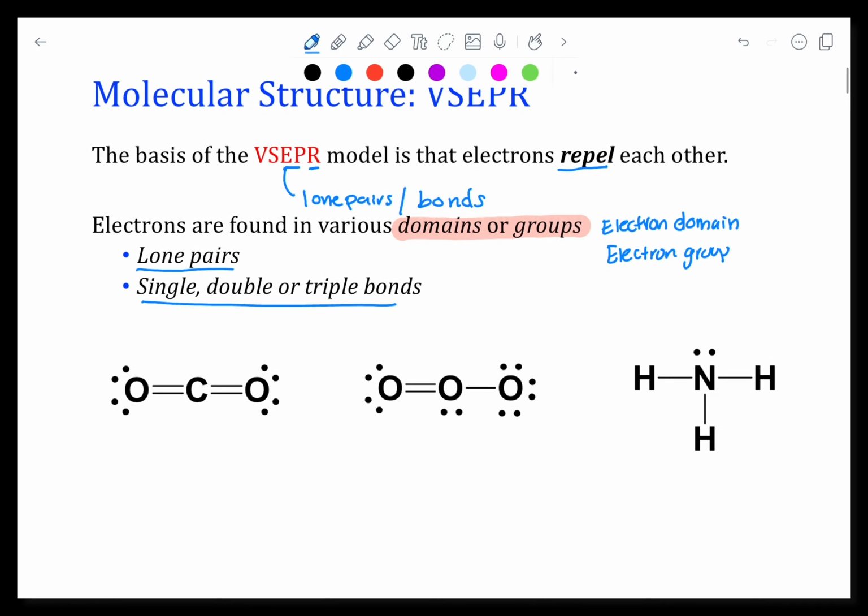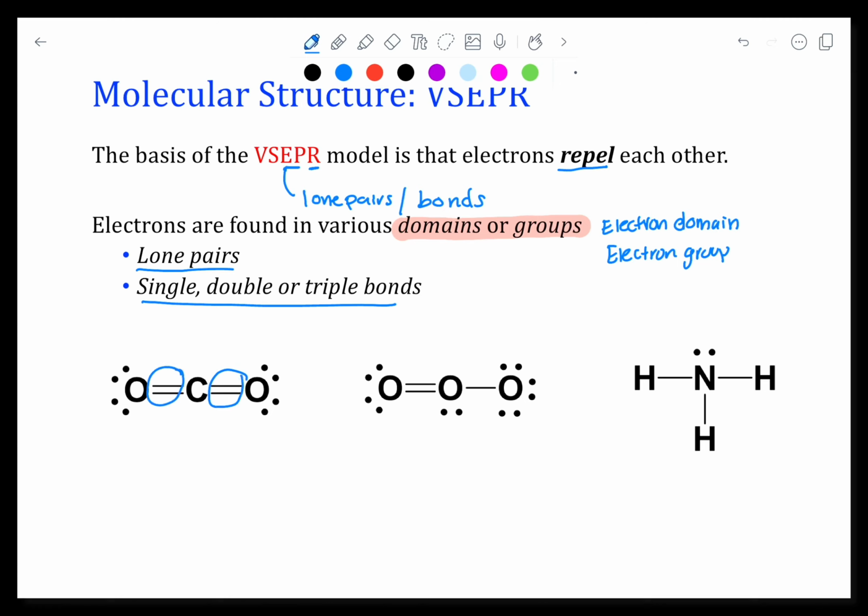So let's look at these structures and let's count how many different electron domains they have. In CO2, carbon dioxide, my electrons are in a double bond and a double bond.